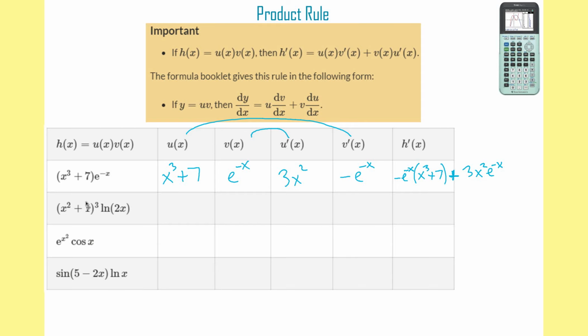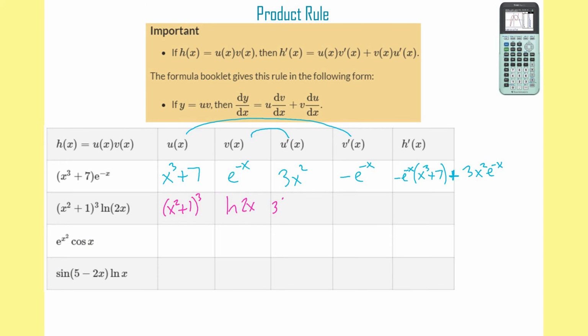All right, let's do another one. The left side is x squared plus 1 cubed. The right side is the natural log of 2x. The derivative of this is the chain rule.